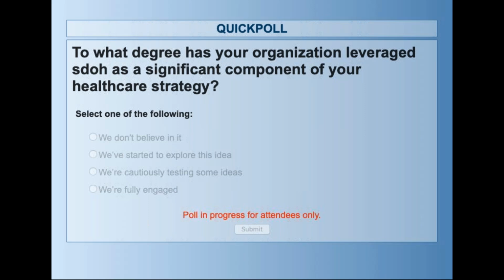They don't have the infrastructure, the analytics, the platforms. They don't know where to send a patient if they say they're food insecure, for example. So that's something we need to address: the education piece, the technology piece, and the intervention piece. Those are three things we need to do if we're really going to move people to be fully engaged with addressing social determinants.